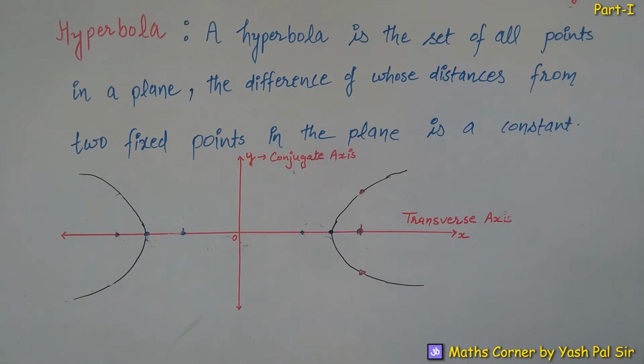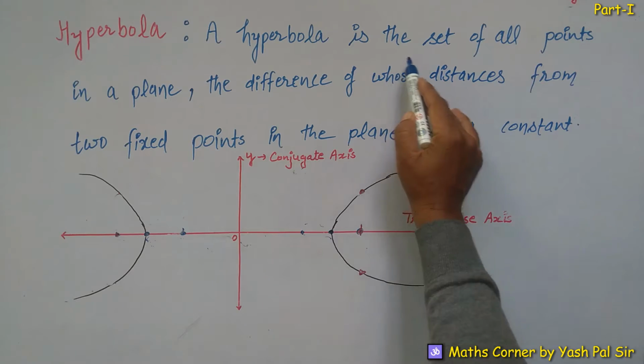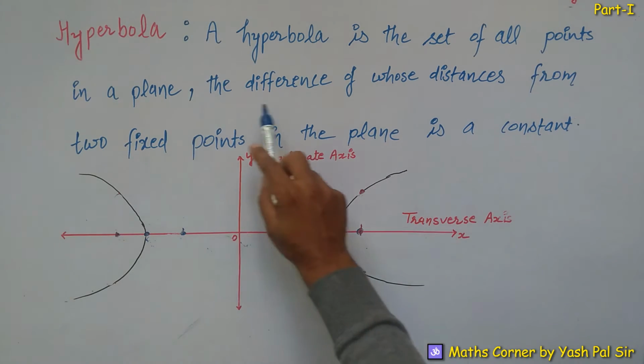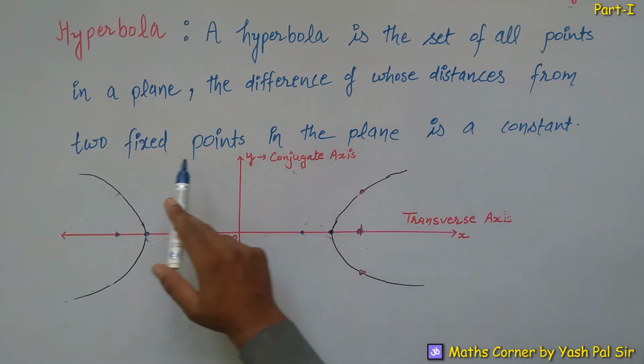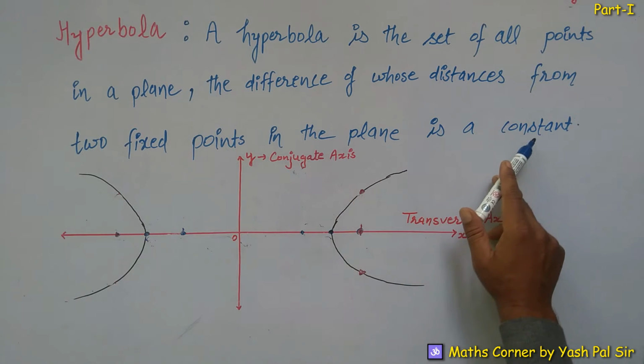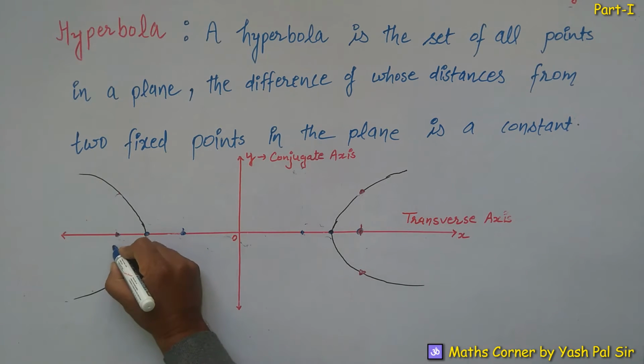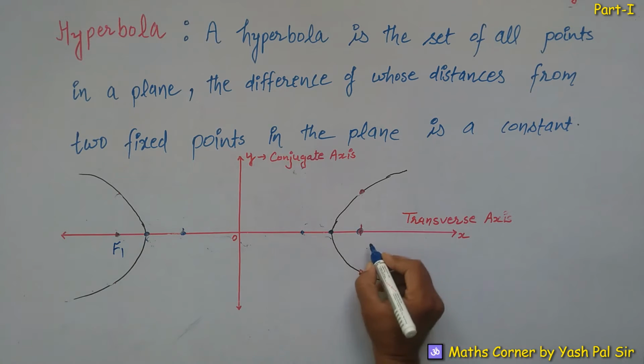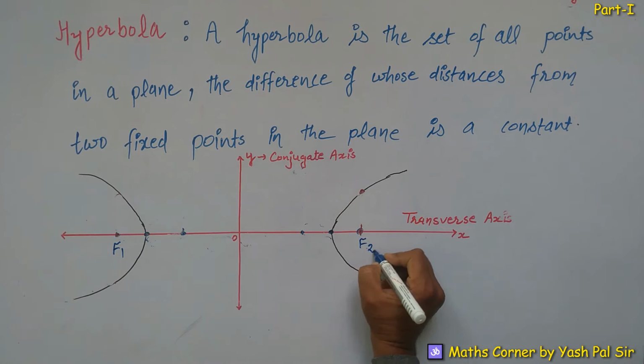The definition: a hyperbola is the set of all points in a plane, the difference of whose distances from two fixed points in a plane is a constant. Suppose this is F1, the first focus, and this is F2, the second focus.